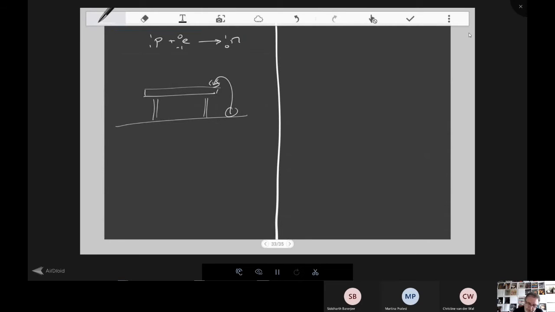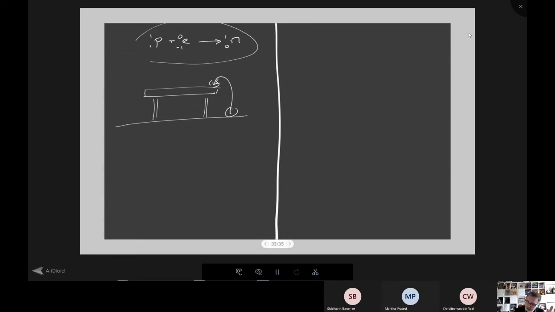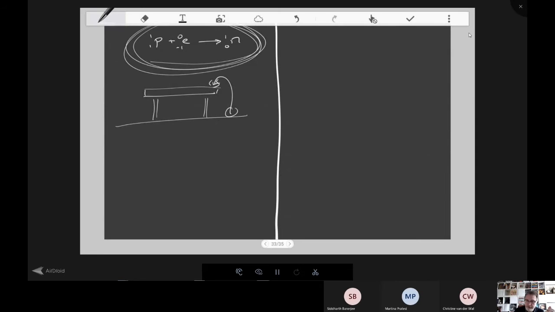In order to move a football up onto the table, in other words to increase GPE, you would have to provide the energy to do that. When you increase GPE, that is against what the universe is trying to do. The universe is trying to reduce potential energy. This process is against what the universe wants to do.